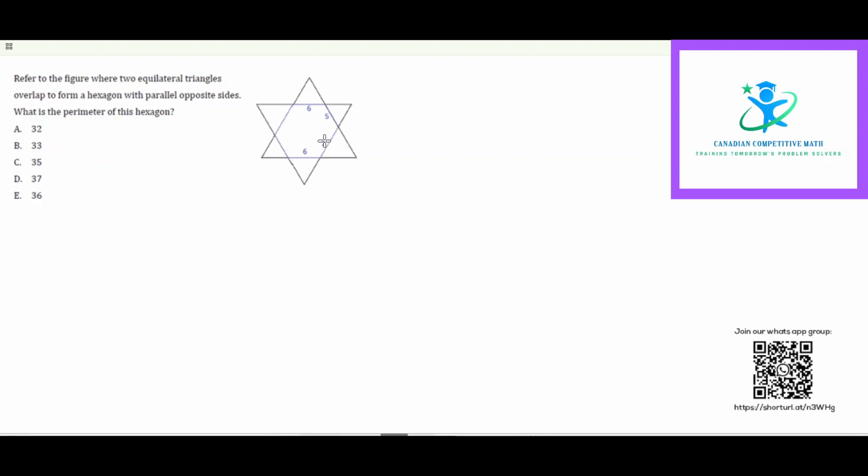So they're asking us what is the perimeter of this hexagon. Given that we have some of the side lengths of the hexagon, two of them are missing. Even though they are missing, they want us to find the perimeter.